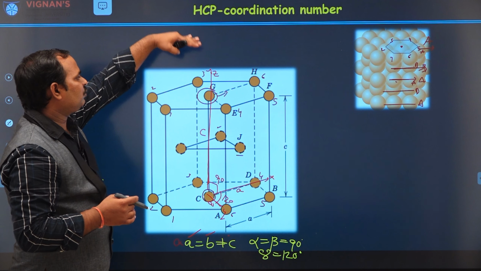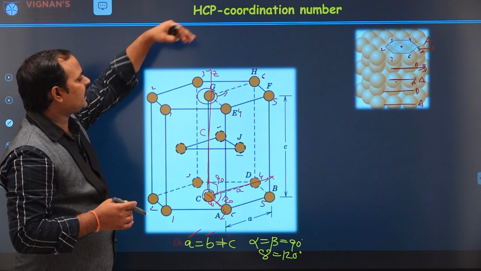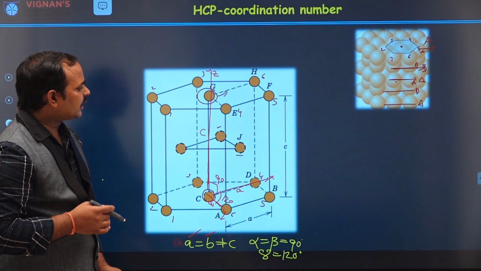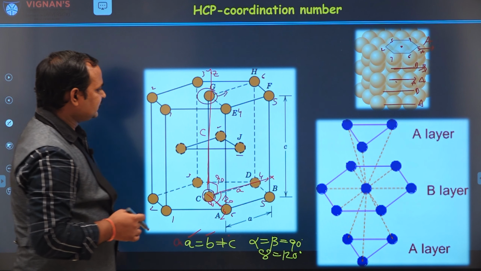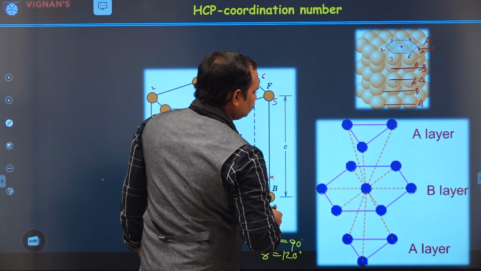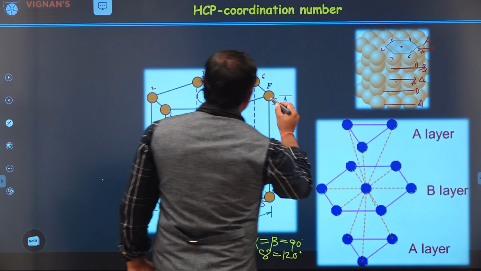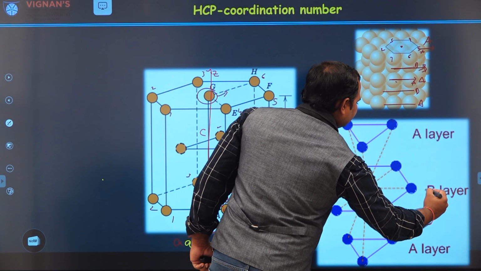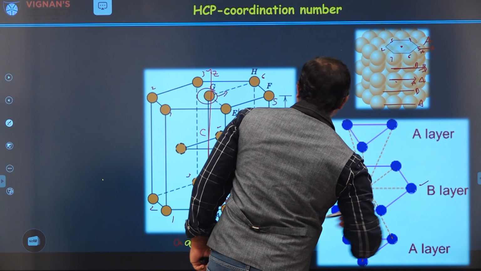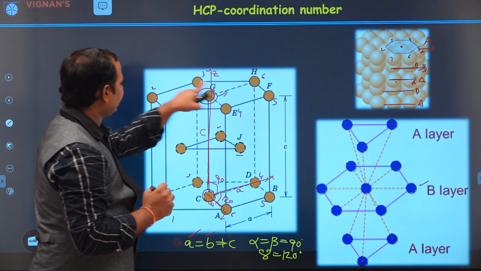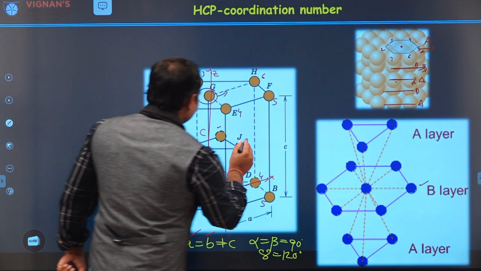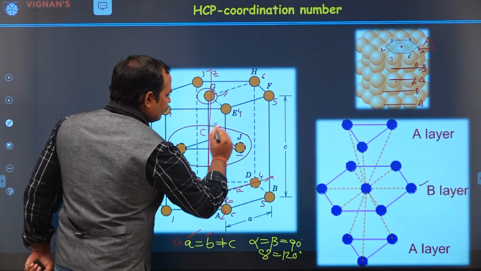Let us imagine one more unit cell, a similar hexagon, lying just above this. Then it looks this way. This is one layer which we are considering. This is the hexagon, and these three atoms are shown here.